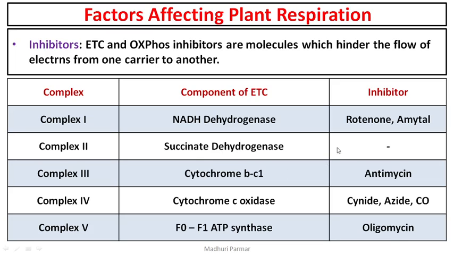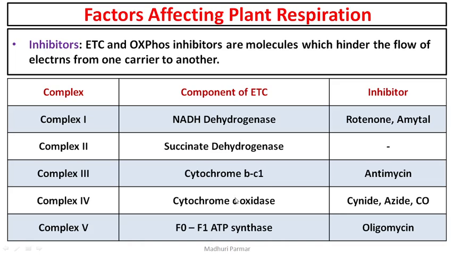For complex 3, you have antimycin. For complex 4, you have cyanide, azide, carbon monoxide. If somebody eats cyanide, it is a poison, and that person will die. Why will that person die? Because the cyanide will actually go and block the transfer of electrons from cytochrome C to oxygen.